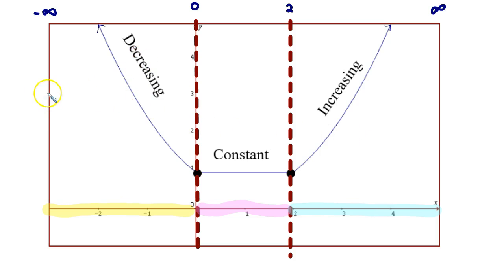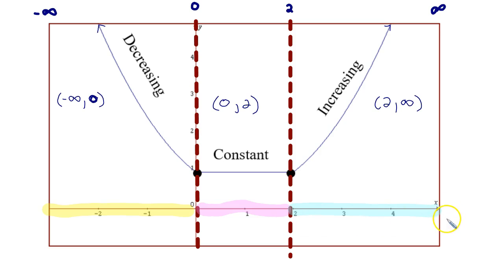So this function would be decreasing from negative infinity to 0. It would be constant on the interval from 0 to 2. And then it would have an increasing interval from 2 to infinity, where from left to right the function is going uphill. As long as you can remember that, these questions are usually pretty simple. It's just getting used to thinking of it as left to right.